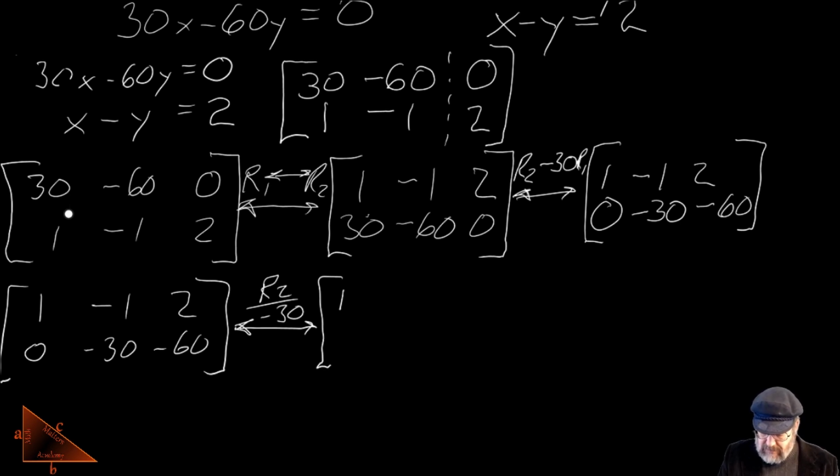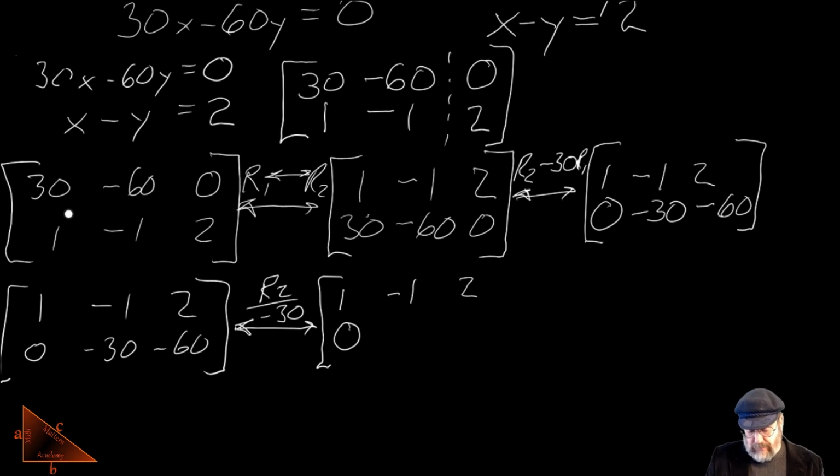Row 1 we're not going to touch again. We already got that the way we want it to be. So there that is. Now, row 2, we're going to take row 2 and divide by negative 30. So first, take 0 right here and divide that by negative 30. Well, 0 divided by negative 30 still is 0. Take now negative 30 right here and divide that by negative 30.